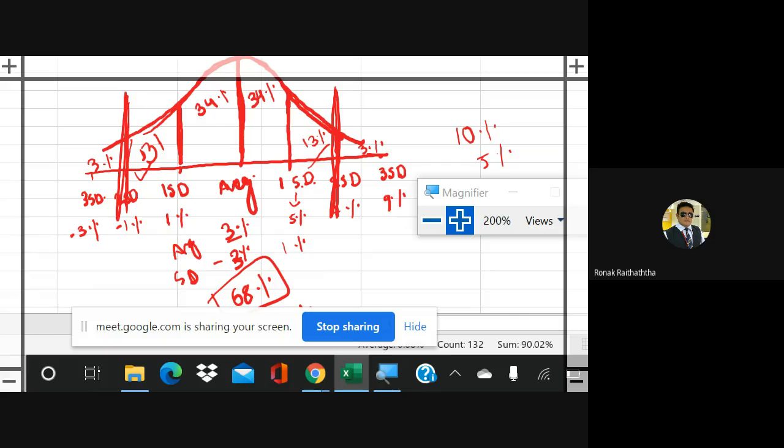Then I calculate the amount of return at 10%, and then the amount of return at 5%. Accordingly, I give them the range, that in the majority of cases, your portfolio would vary from this amount to this amount.